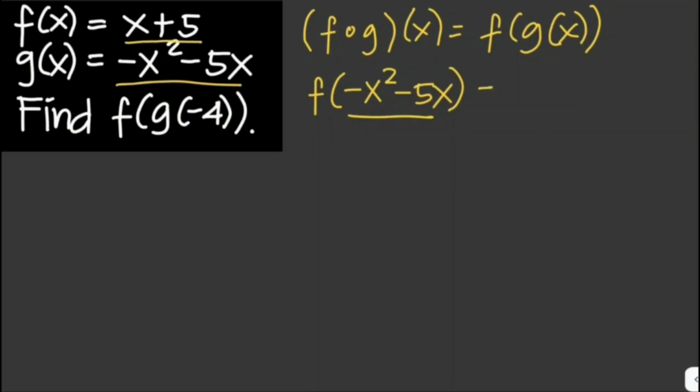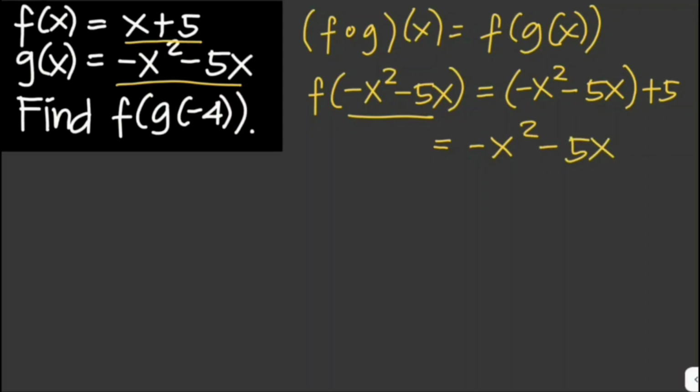So that would be negative x squared minus 5x plus 5. So we just replace x with g of x. Then we simplify. This is negative x squared minus 5x plus 5. So this is our f of g of x.